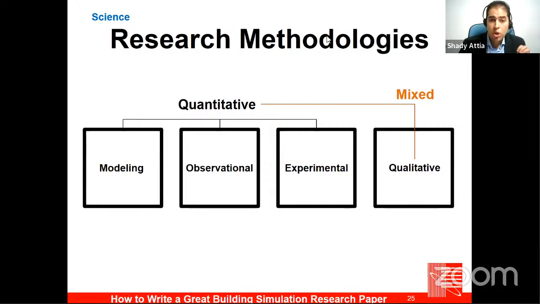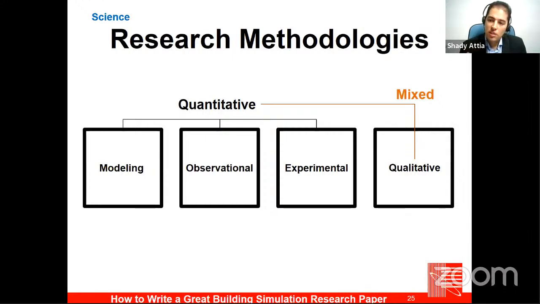Now, one of the things that will be very important to take into account when you are talking about your research methodologies is to define clearly, are you in the field of quantitative research or qualitative research? Are you doing mixed research combining both? And in science, there are not many options.